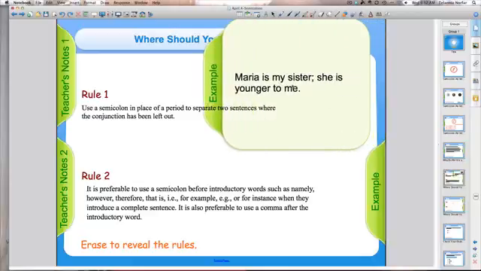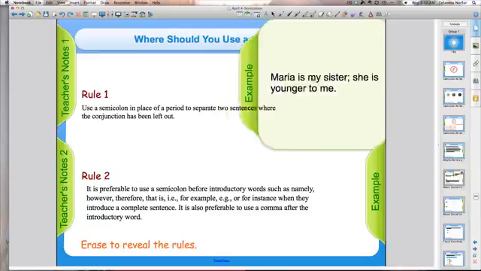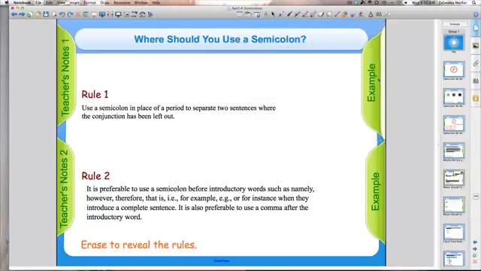Okay, for the first rule, here's an example. Maria is my sister. She is younger to me. We could have said "and," so the conjunction was left out, so we put a semicolon. With the second rule, it is preferable to use a semicolon before introductory words such as namely, however, therefore, that is, i.e., for example, e.g., or for instance, when they introduce a complete sentence.